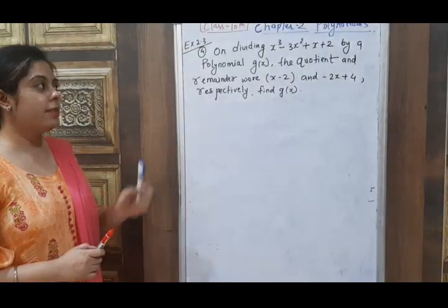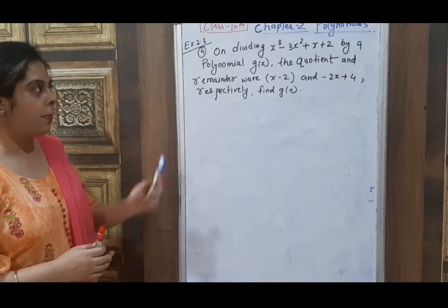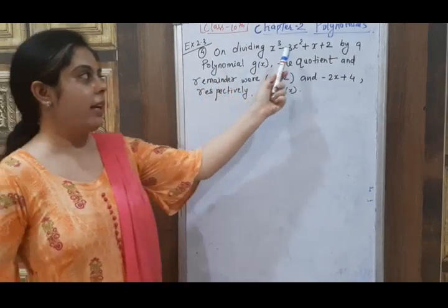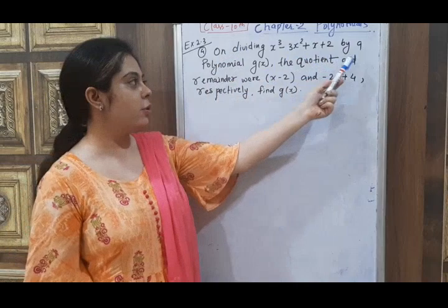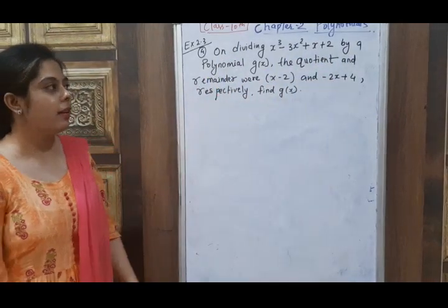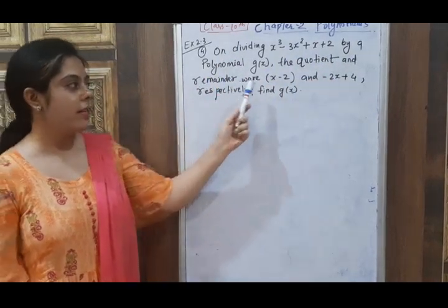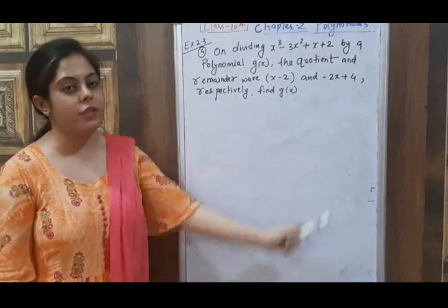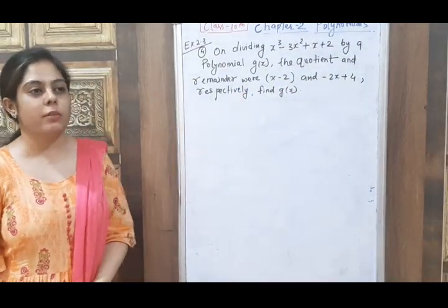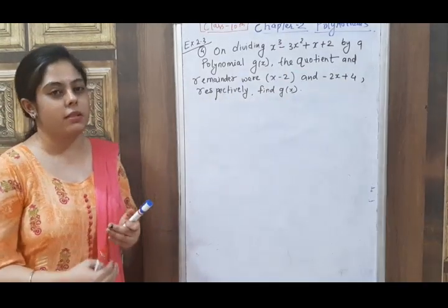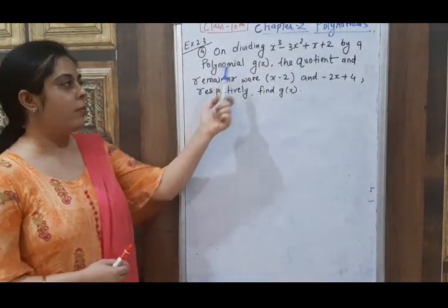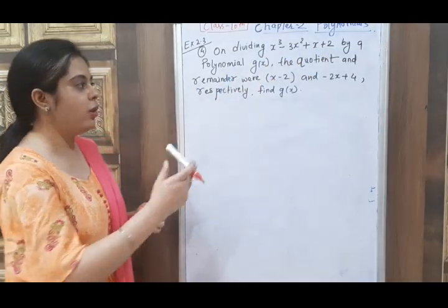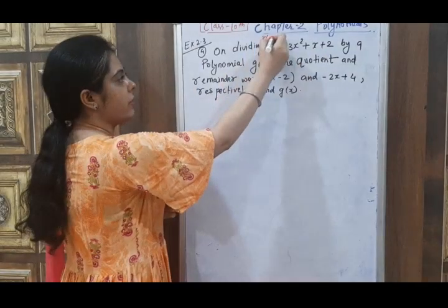Okay, so our next question, the fourth question is: on dividing x cube minus 3x square plus x plus 2 by a polynomial gx, the quotient and remainder were x minus 2 and minus 2x plus 4 respectively, then find gx. So what to do in this question and what things we have, just focus here. Here we have a polynomial and this polynomial is represented by px.